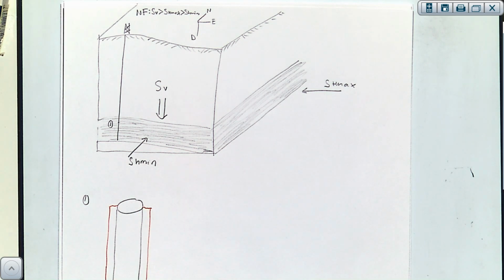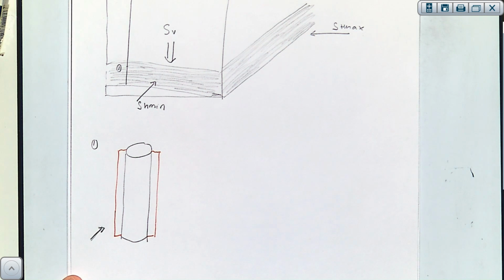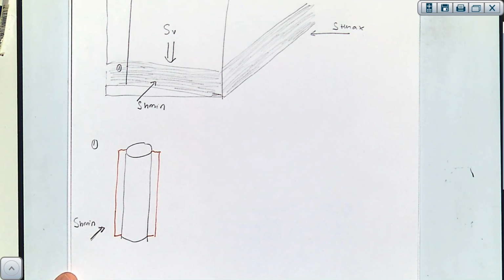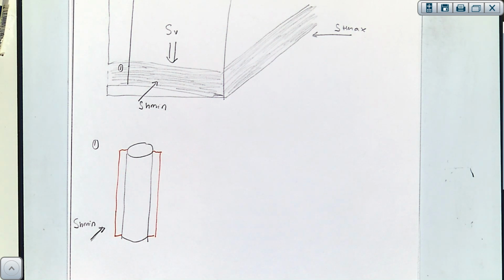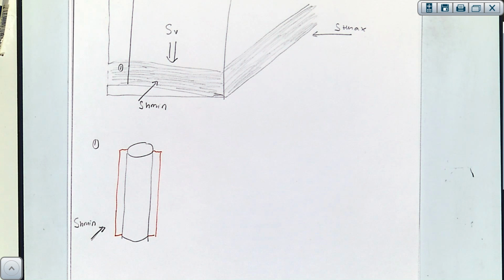Like this. If you remember, same as just following the previous drawing, tensile fractures in the wellbore continue to grow.